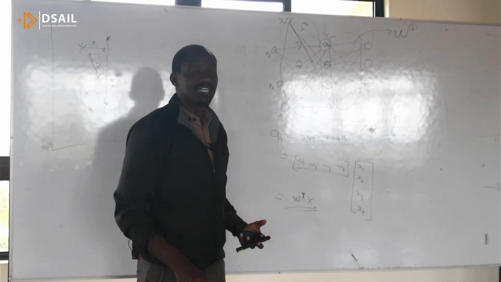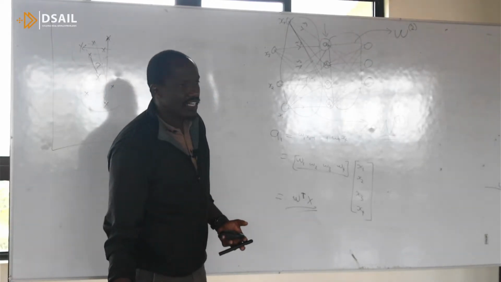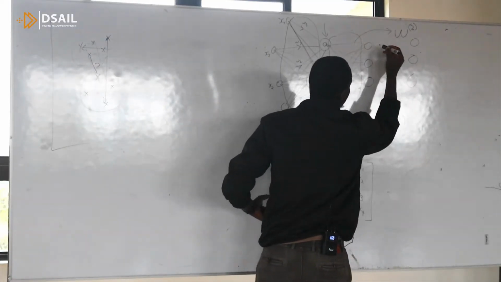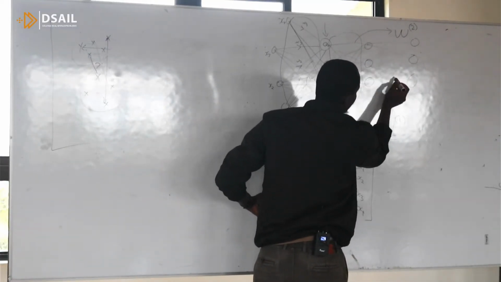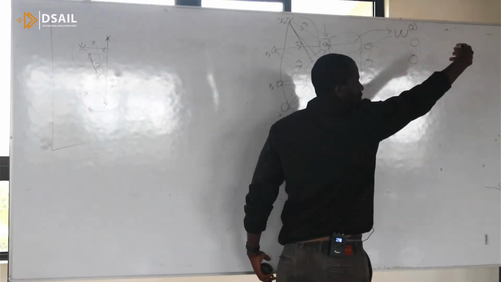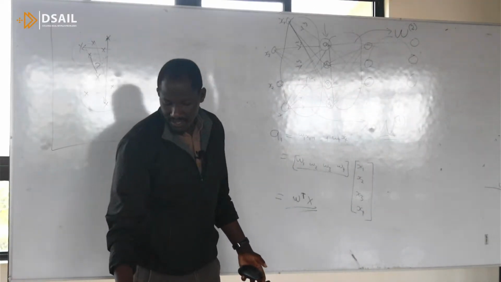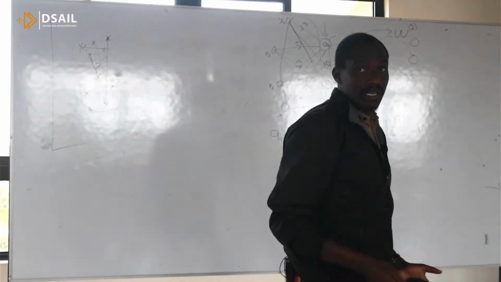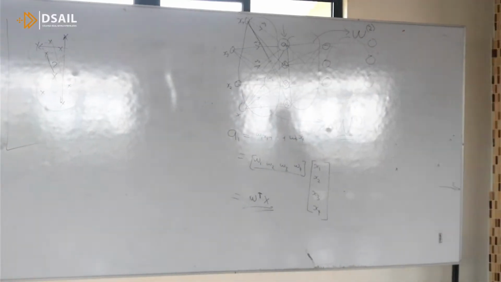Even if you had a very deep neural network with further connections again, and you have another weight matrix, and so on and so forth. So you can have as many layers as is necessary for the task that you're doing.